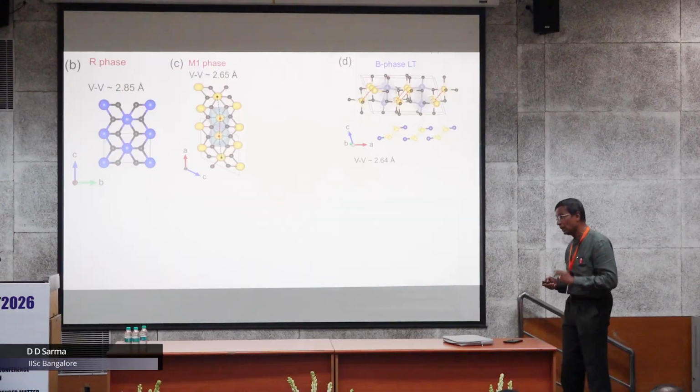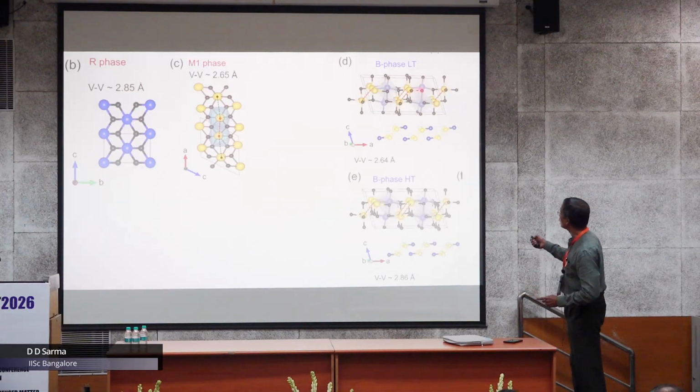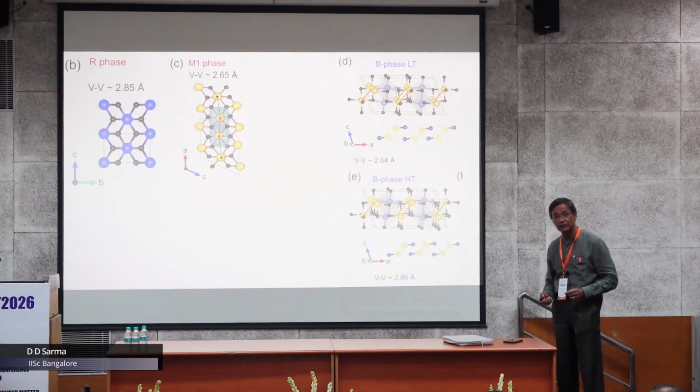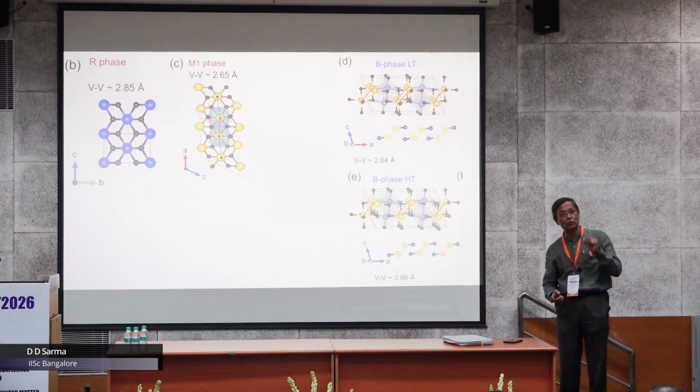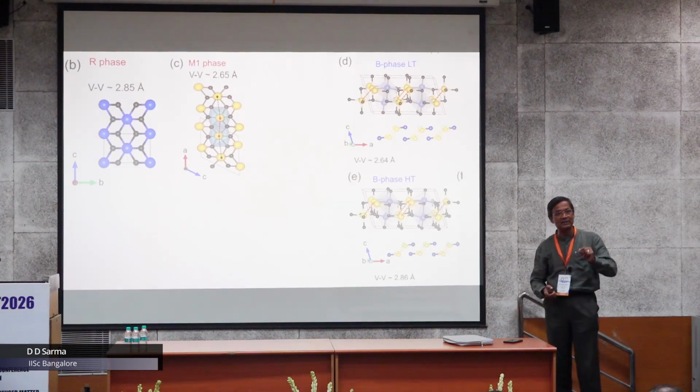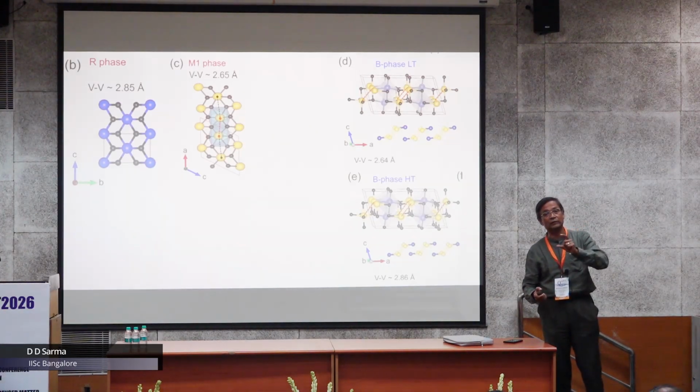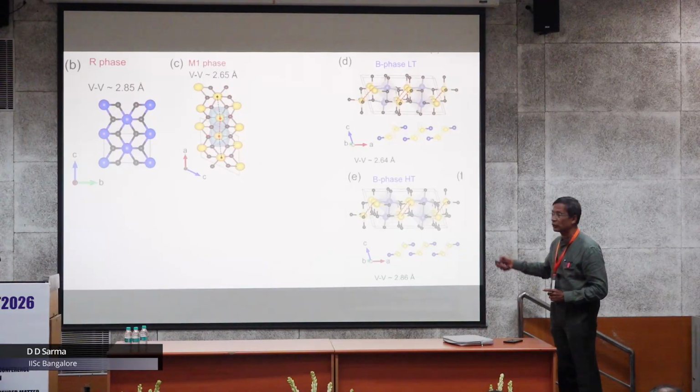And that's very important. But what is even more surprising, you go from the low temperature to the high temperature phase, the structure, the space group does not change. You continue to have half of the vanadium still dimerized and the other half not. All that changes is the extent of dimerization and extent of the tilt that I talked about just now.